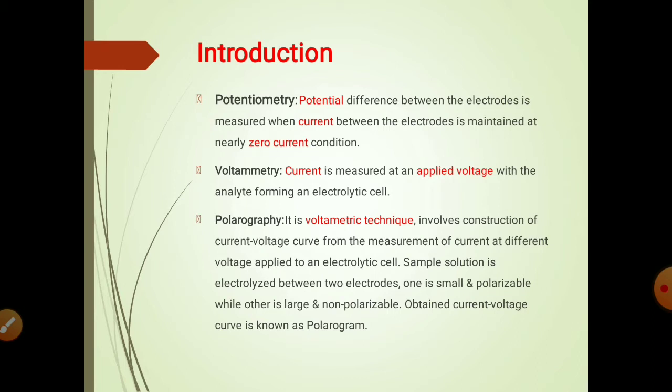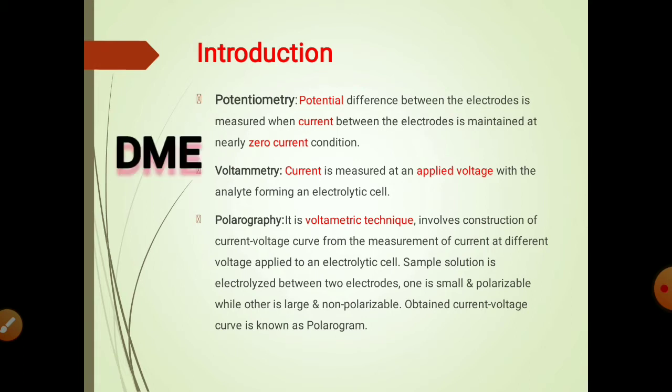In this technique, the sample solution is electrolyzed between two electrodes, one of which is small and polarizable, while the other is large and non-polarizable. The resulting current voltage curve is known as a polarogram. The obtained polarogram can be used to produce qualitative and quantitative information about the sample solution.